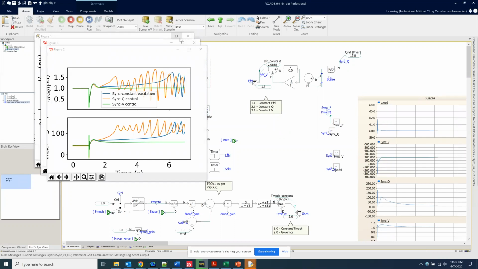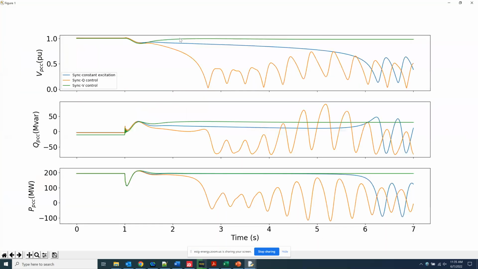So as the simulation is running in the background, this is the response for the same set of runs which I had done previously. If you have constant excitation control, which is this blue curve, as the short circuit strength reduces, yes, in this initial 2-cycle time frame, things are stable, but as you progress, you start becoming unstable.